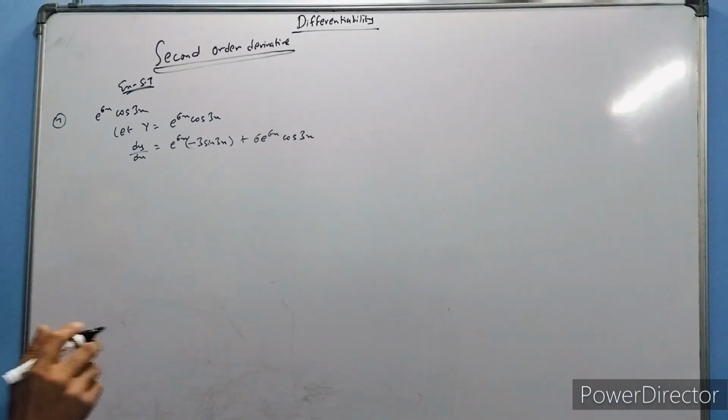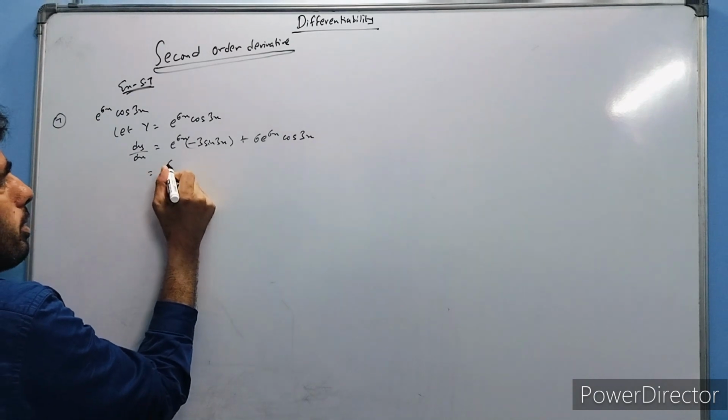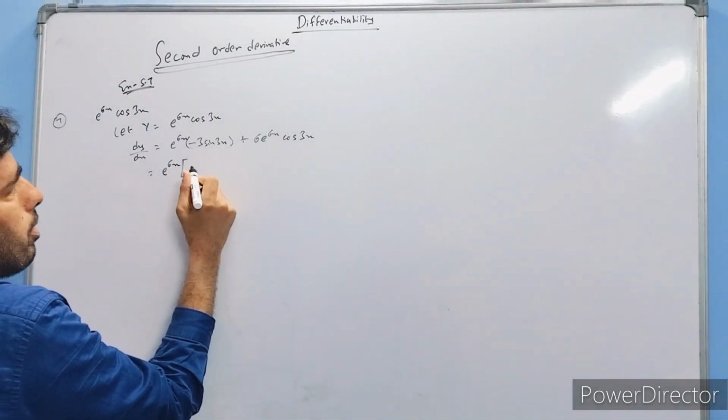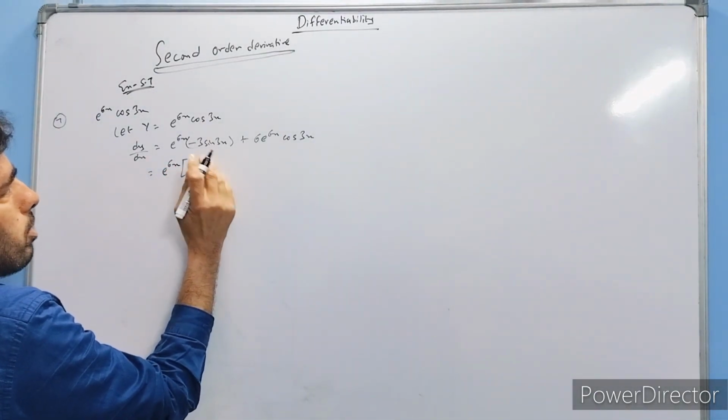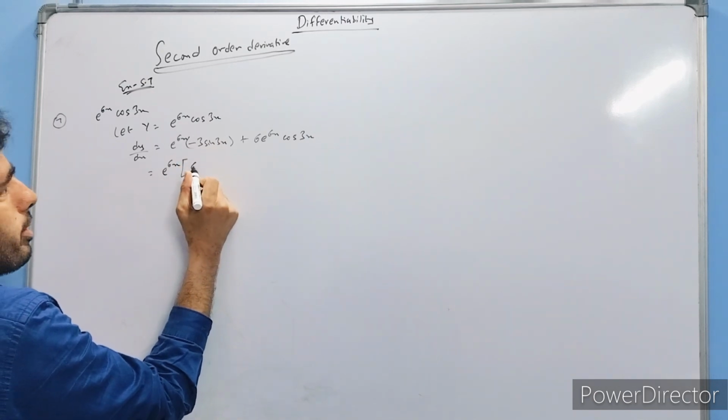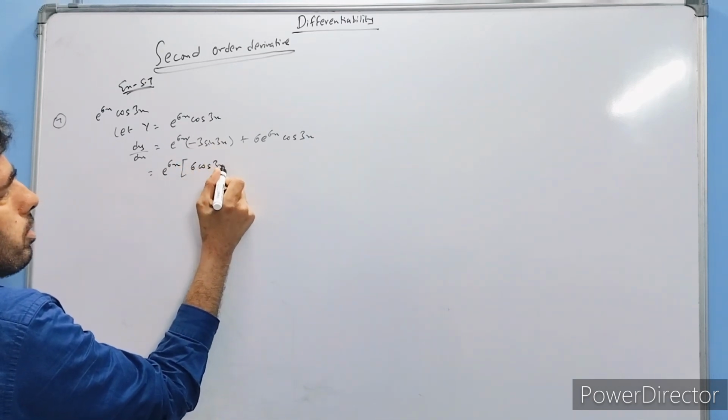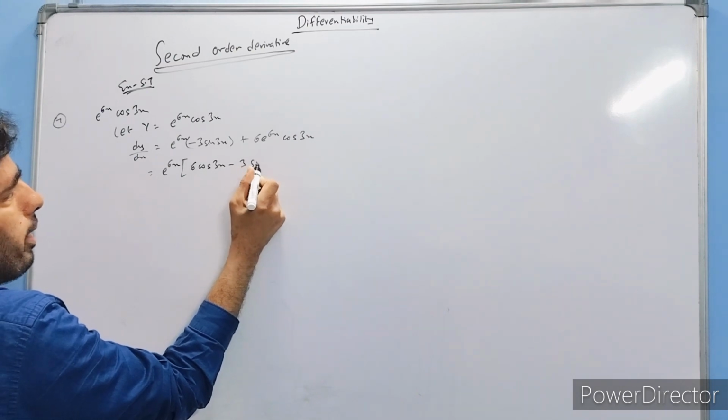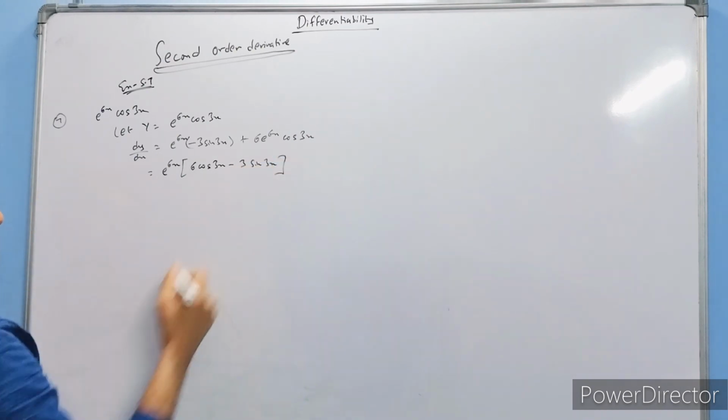We can take e raised to power 6x common, so we have 6 cos 3x minus 3 sin 3x.